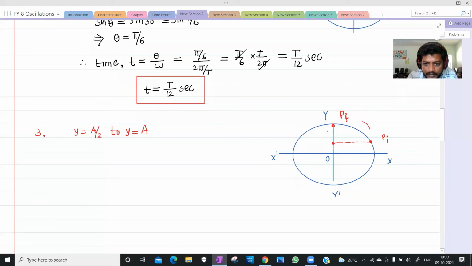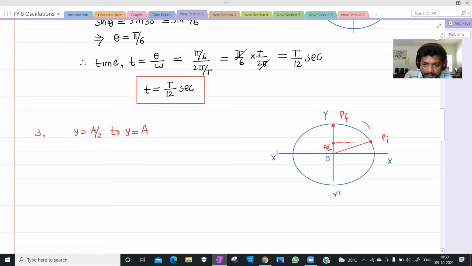This is total A, and this is A by 2. The angle between P initial and P final is theta, right? So for this we join P initial and P final to the origin. This is the angle theta.